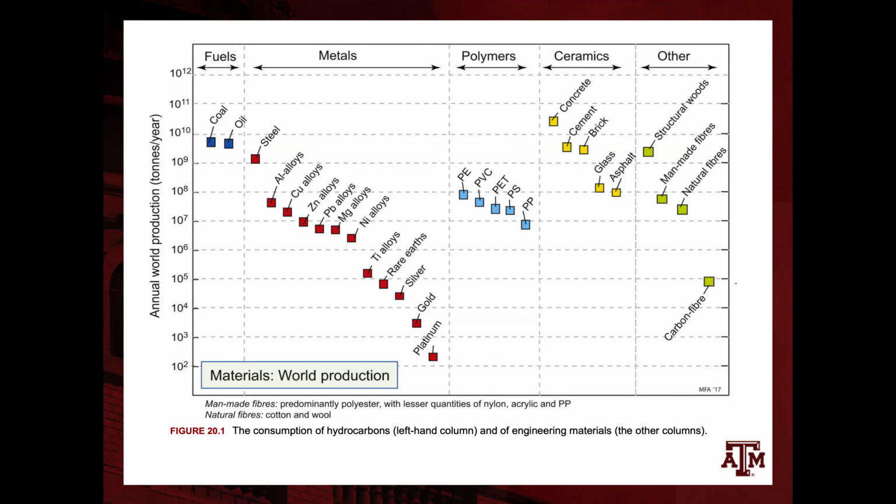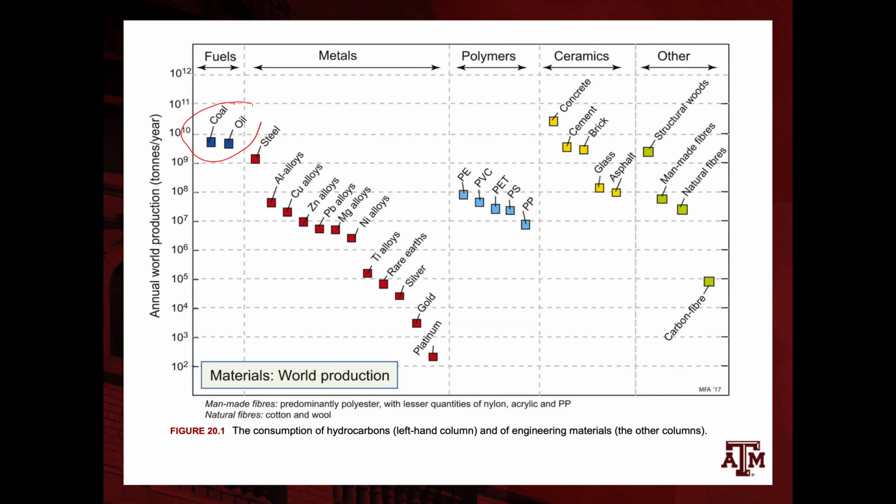Same with fuel, so of course we utilize a lot of different types of fuels. But in general, if we try to rank all materials, including fuels, together to have an estimate of how many tons of materials we are producing, we are producing something in the range of 10 to the power 10 or 11 tons per year of different materials.